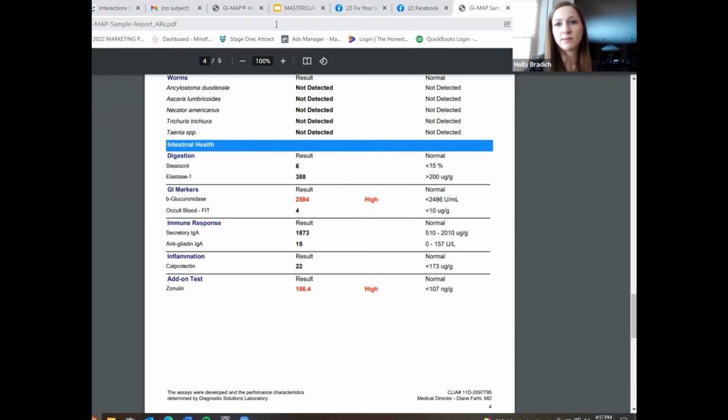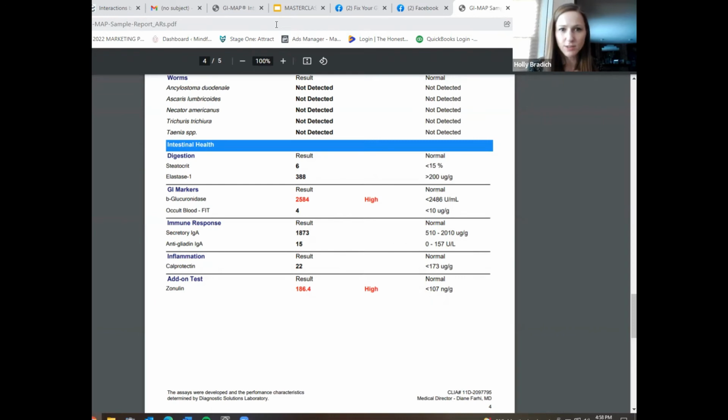So it's supposed to be higher than 200 micrograms. So this person is 388, so that's decent. If it was hovering closer to 200, I'd be a little more concerned and we'd want to support the pancreas a bit, but looks like their pancreas is pretty good. So it's likely not a problem with the pancreas and the fat absorption.